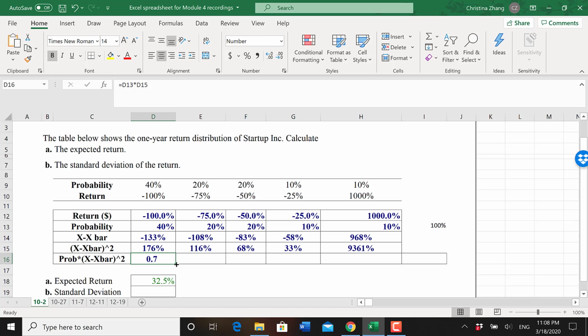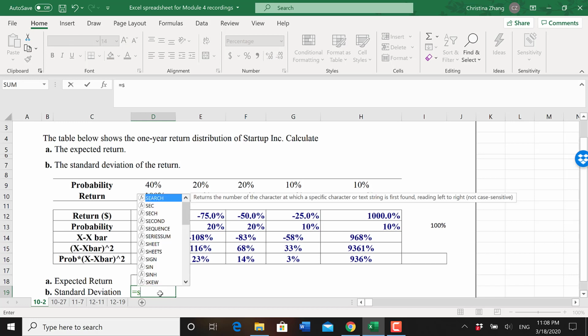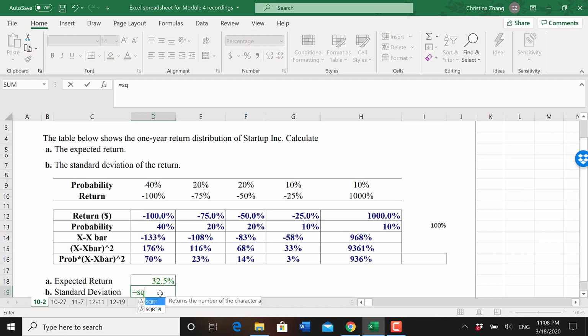That means my difference for this case only occurs with 40% likelihood, so I'm going to multiply that. Now I have all the information I need to calculate my standard deviation. My standard deviation is the square root of my variance, and my variance is the sum of all these numbers.